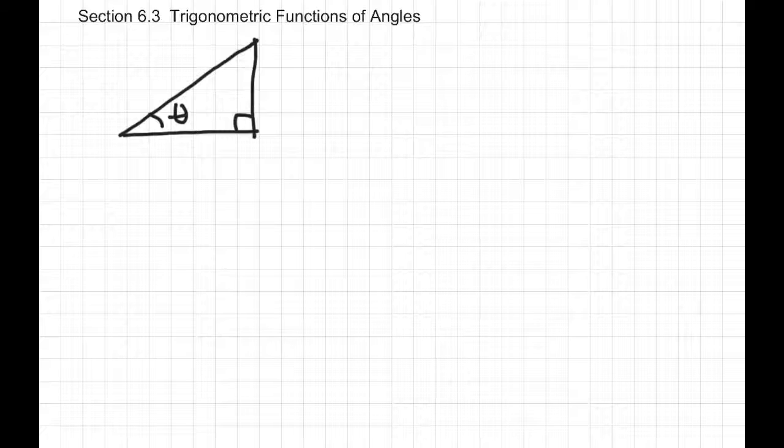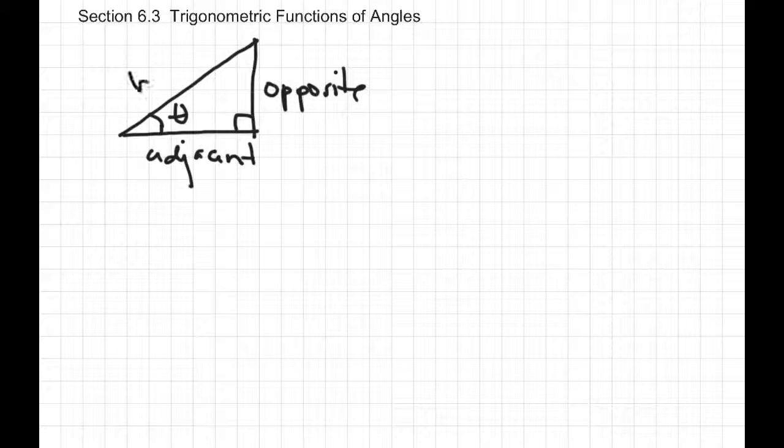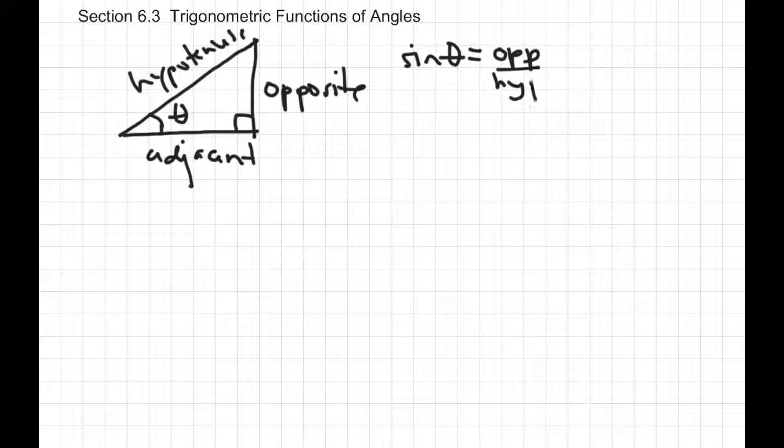We're talking about the trigonometry of right triangles. And you already know that if you have an angle marked theta, this is the side opposite, this is the adjacent, and this is the hypotenuse. So your 6 trigonometric functions of theta are: sine is opposite over hypotenuse, so cosecant is hypotenuse over opposite.